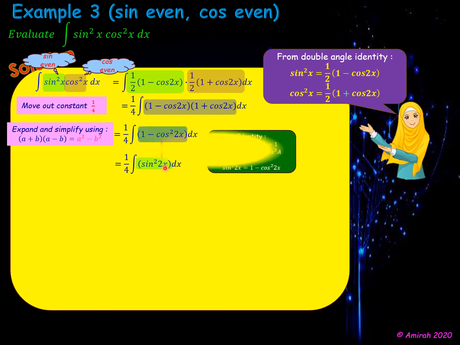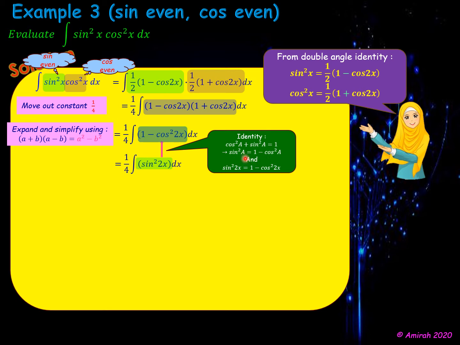How do we get this formula? Okay, this comes from the identity cos squared a plus sine squared a equals 1. So, when we write sine squared a as the subject, we have 1 minus cos squared a.